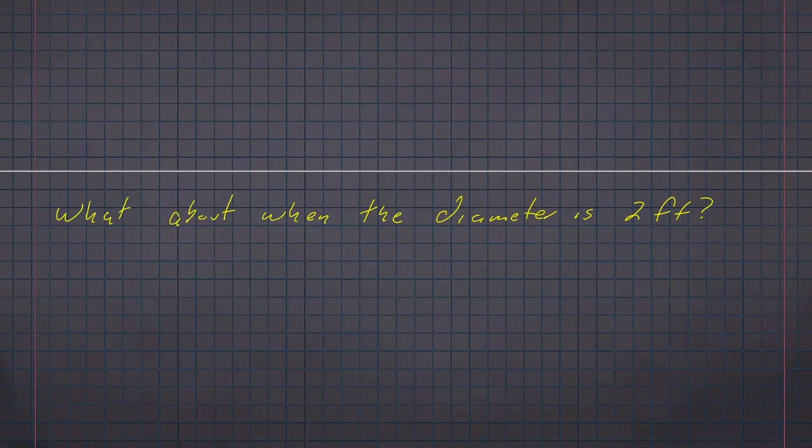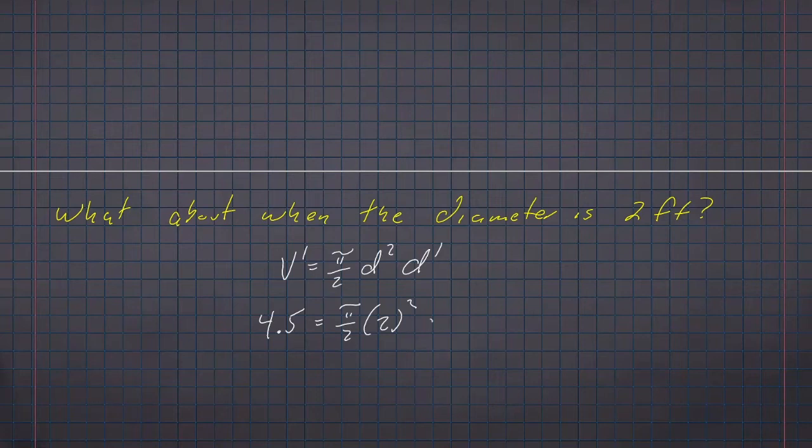Well, in that case, we still have V prime is pi over 2 D squared D prime. I'm assuming that we're still pumping air in at the same rate, 4.5 cubic feet per minute. Now we punch in pi over 2 times 2 squared, which is about 6.28.